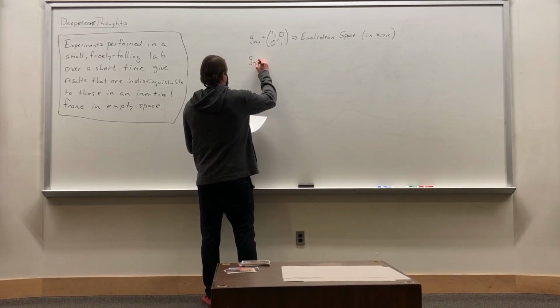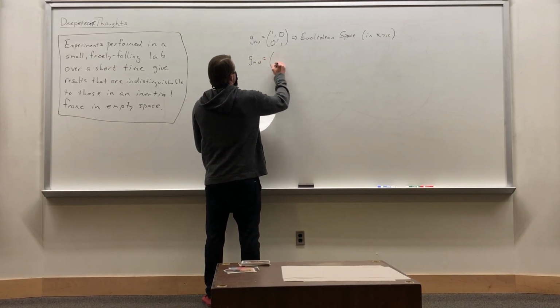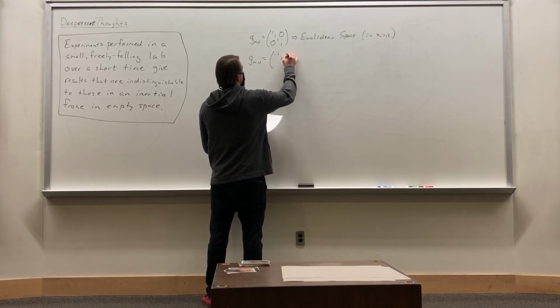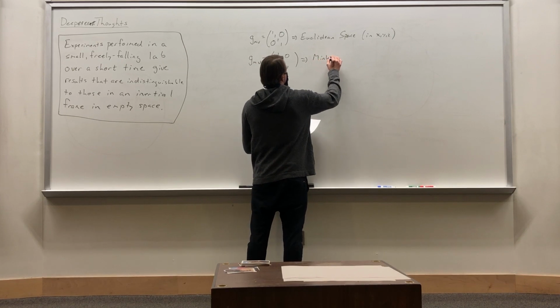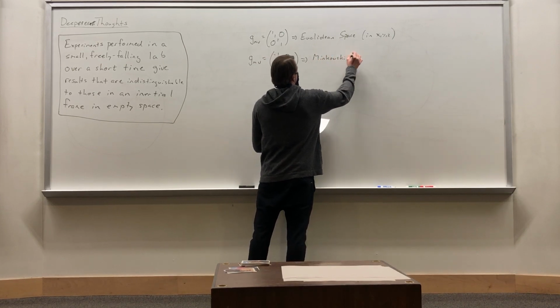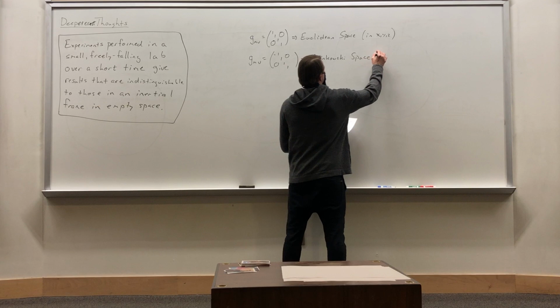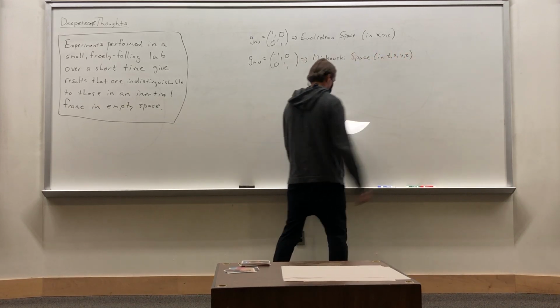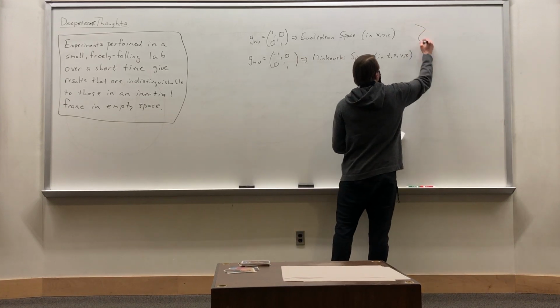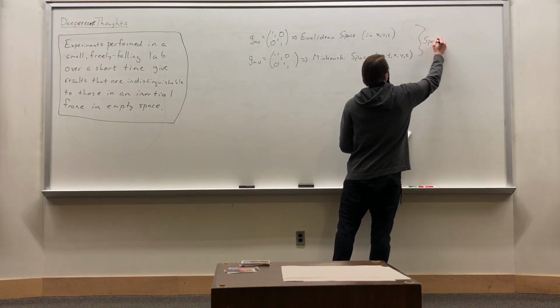If you're given the metric as -1, 1, 1, 1, this is, of course, what we called Minkowski space, in T, X, Y, Z. And these are, of course, special cases of geometries.